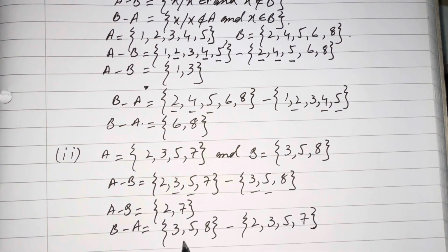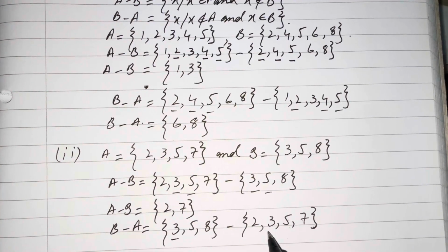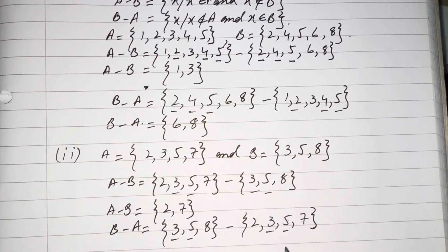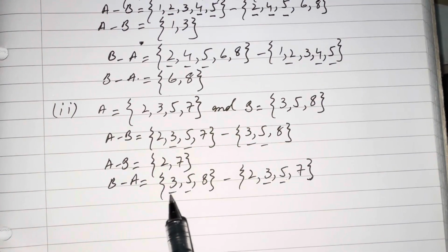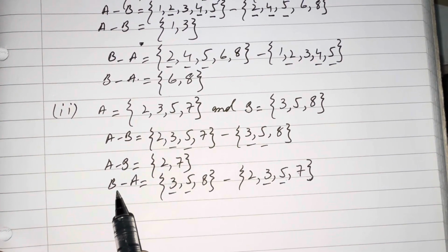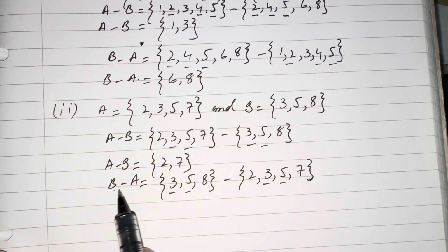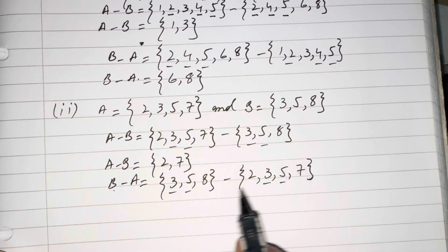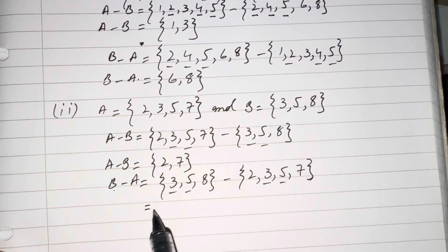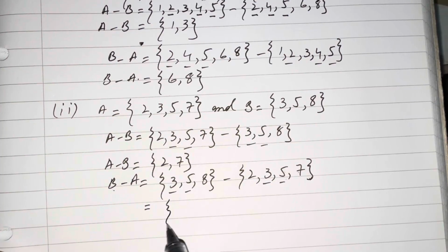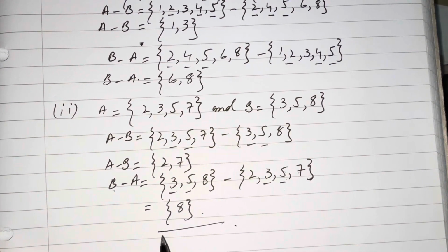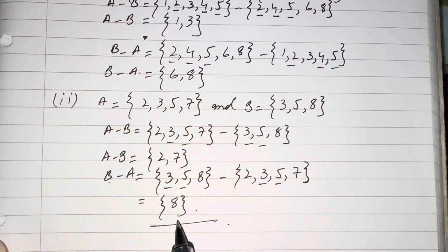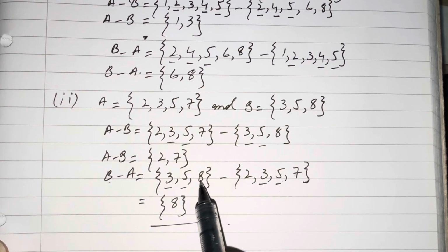Again, underline the common elements. We have come to know that for the difference between B and A, the same elements are common, but the answer will be 8, because we have to write the remaining elements of the first set.